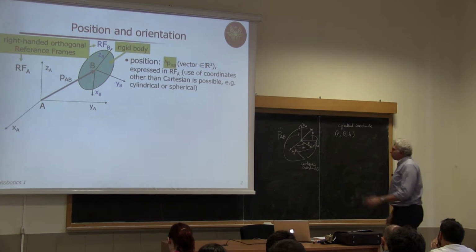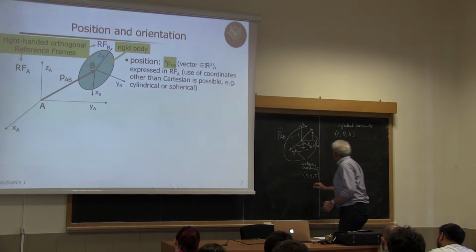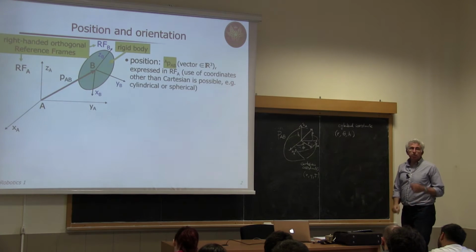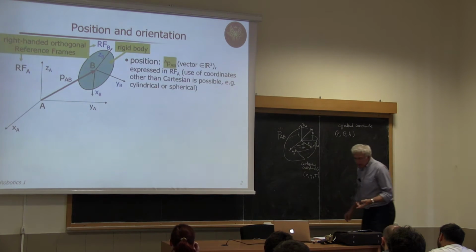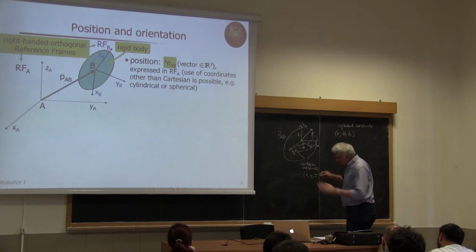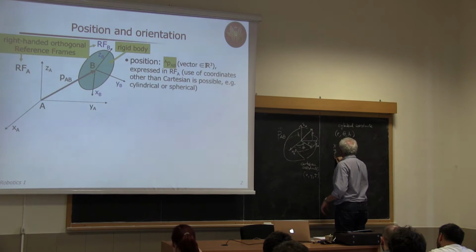And in fact, you can move from generic coordinates x, y, z to cylindrical coordinates in an easy way. Okay? So for instance, you can write, better say, the opposite. You can write x, y, and z.